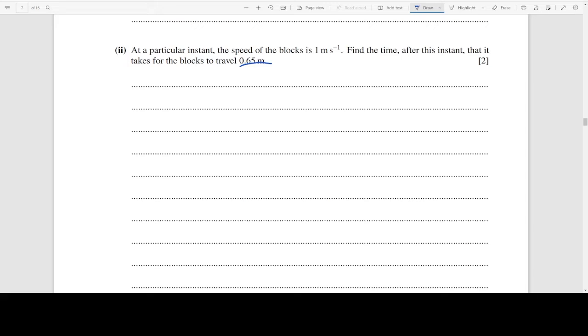So it's actually kind of simple because we have the acceleration from the previous question, from the previous slide, which is 1.2 meter per second squared. We know the distance it has to travel is 0.65 meters, and at a particular instant, the speed of the block is 1 meter per second, so the initial velocity is 1 meter per second. We just have to find the time it takes to cover this distance.